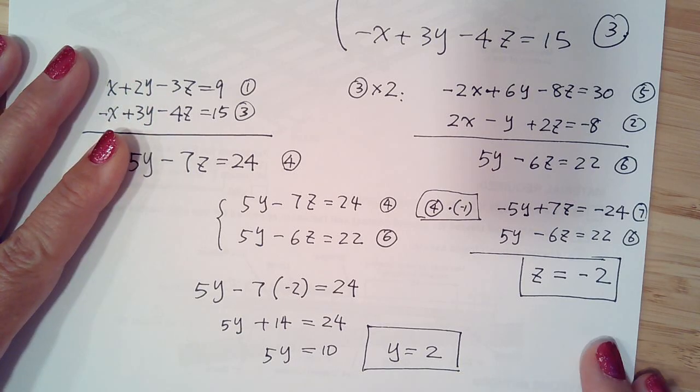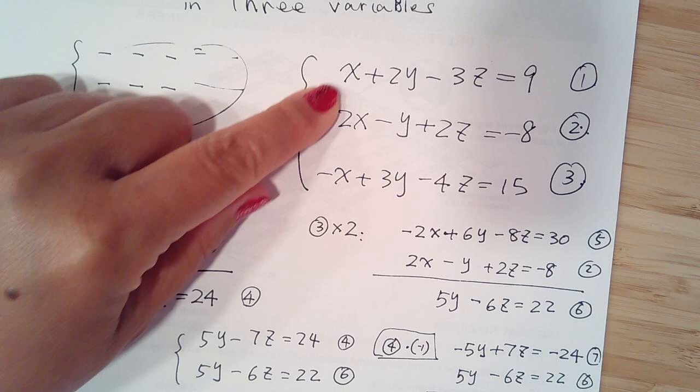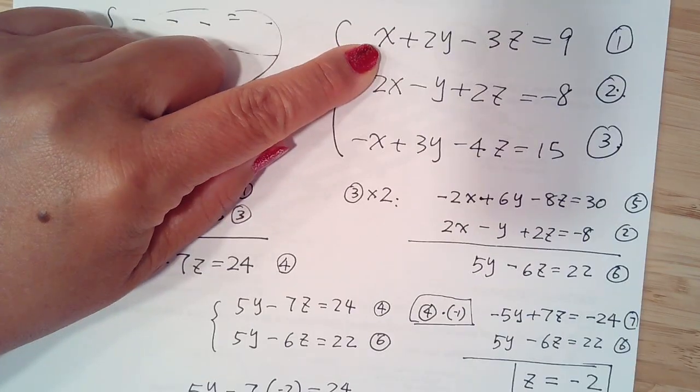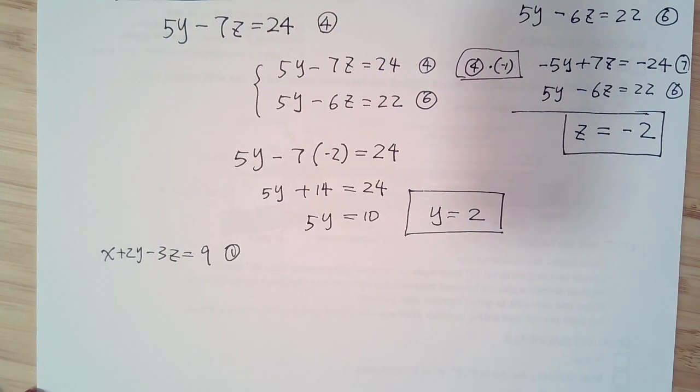Once you have a y and a z, you can bring back to any of the first 3 equations. Let's put in the first. So we have y equals 2, z equals negative 2. Let me just copy that: x plus 2y minus 3z equals 9. That's my first equation, okay, because my paper is too long, so that's why I copied this for you.